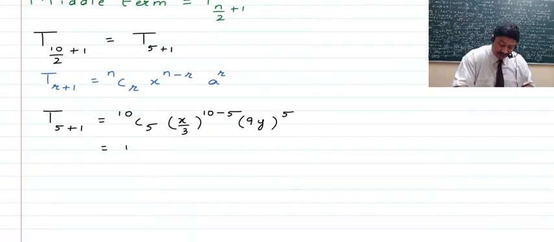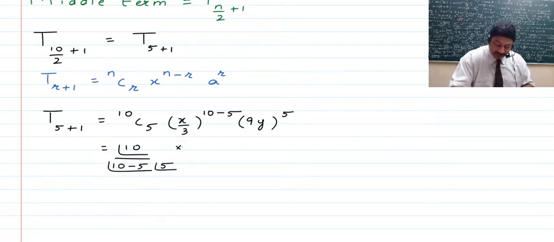So this, children, is going to become equal to factorial 10 divided by (10 minus 5) factorial times factorial 5, and further that is going to be multiplied with (x upon 3) raised to the power 5 times (9y) also raised to the power 5, right?